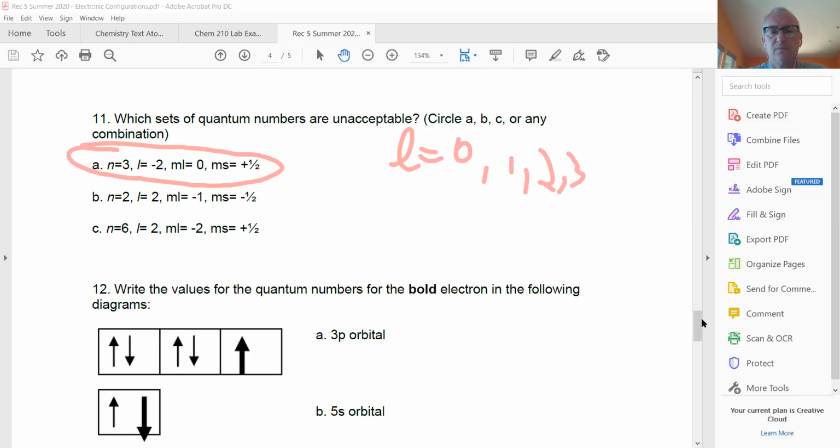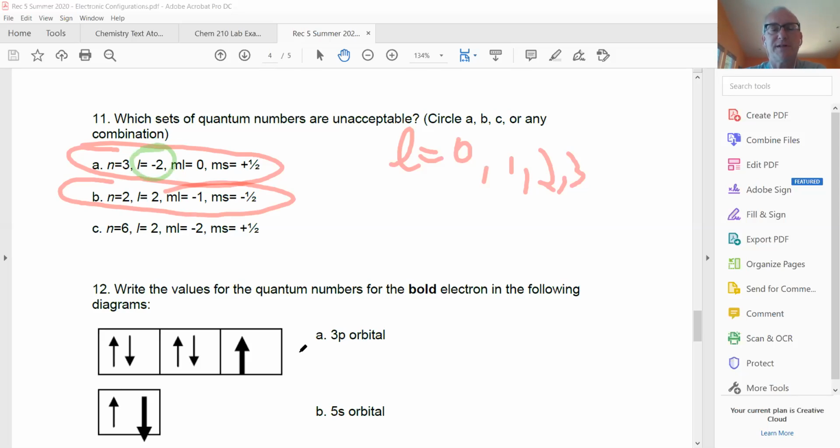So in that question, we only need to encircle one, right? Well, it says which sets. Oh, okay. So actually, I would circle B as well, because there's a problem there. I'm just asking you what it is. On a test, I would probably say, where is the unacceptable quantum number? For the first one, the problematic one was this.